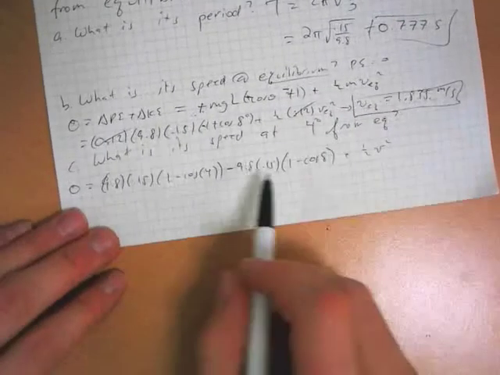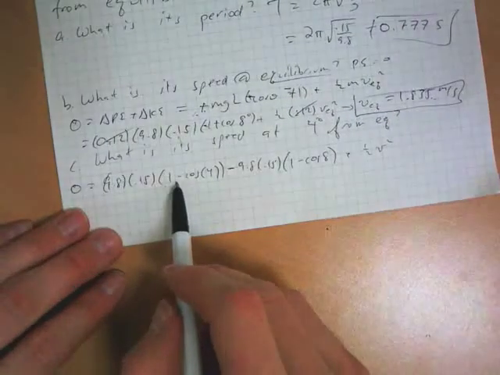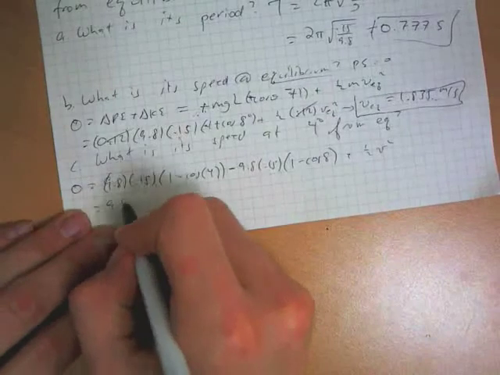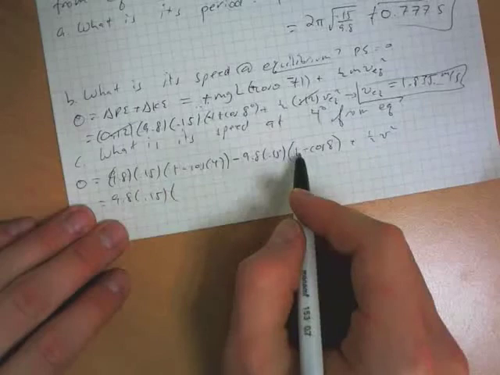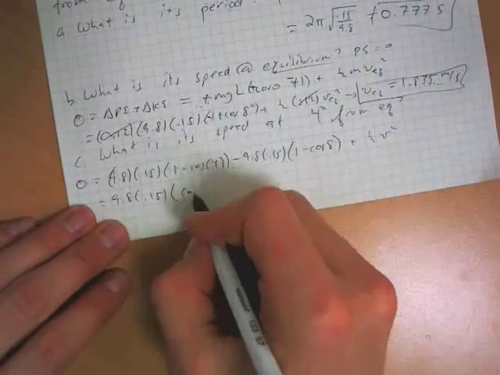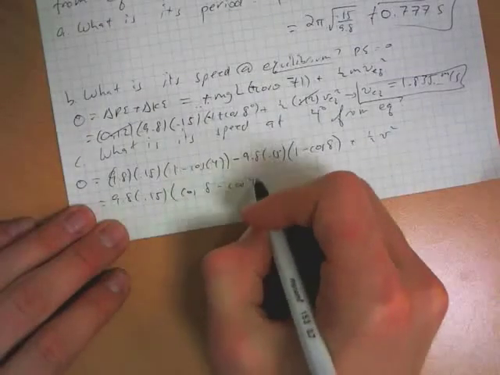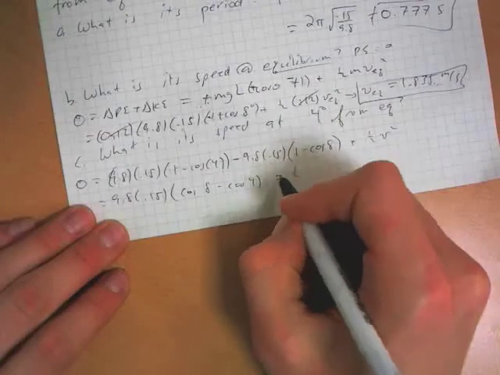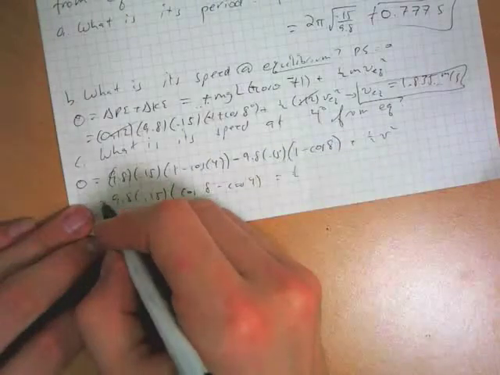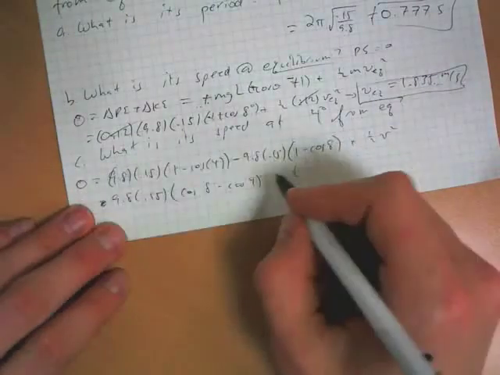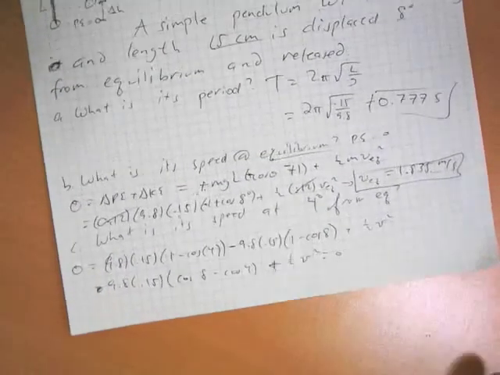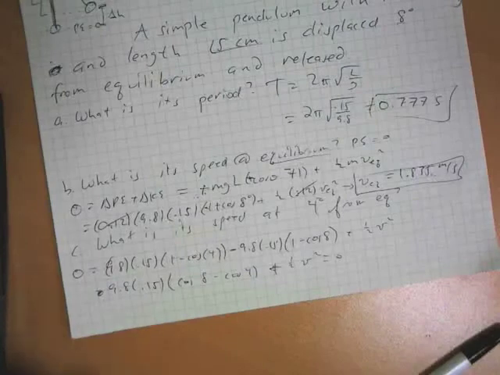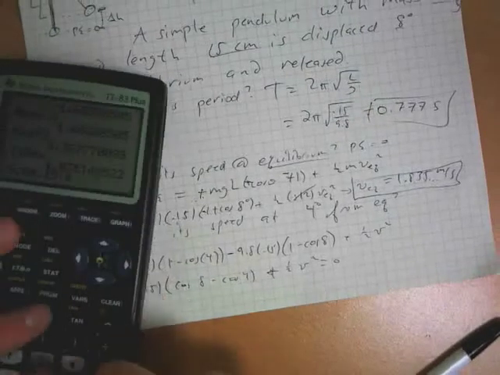So by this subtraction, we can see that we've got 9.8 times 0.15, the 1's go away, and then we have a positive cosine 8 minus a cosine 4. And that's going to be, not equals, plus 1/2 v squared equals 0. And we can punch that in and solve again. 9.8 times 0.15 times cosine 8 minus cosine 4.